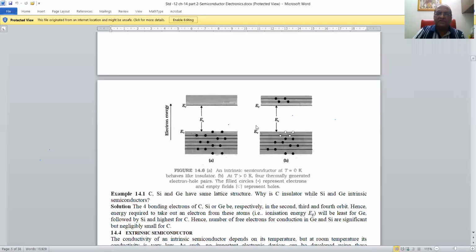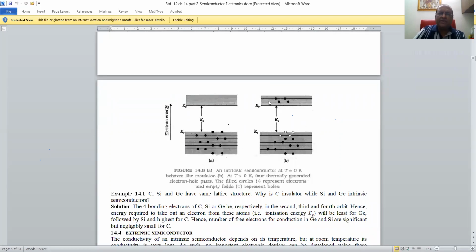Now see, this one is the energy band diagram for semiconductors at room temperature. At absolute zero temperature, the valence band is completely filled and the conduction band is completely empty, so it behaves as an insulator. But at room temperature, some electrons migrate to the conduction band and behave as free electrons, and the conduction process takes place here.